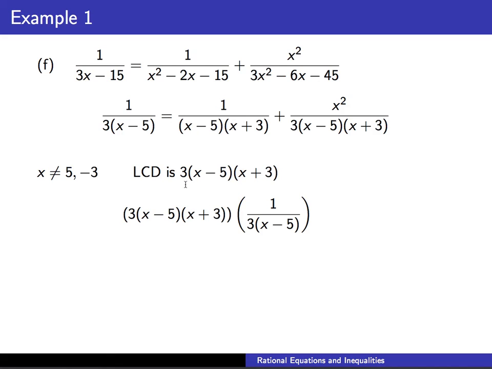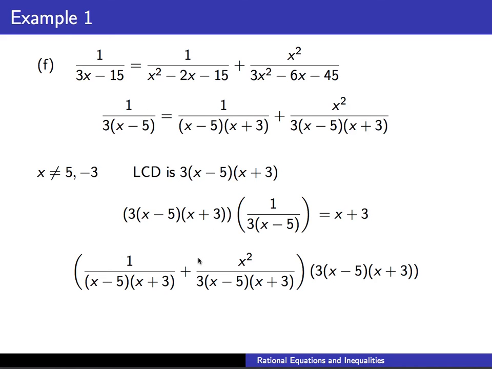So first, multiplying the fraction on the left, the 1 over 3 times x minus 5, by our least common denominator of 3 times x minus 5 times x plus 3, the 3's will cancel out and the x minus 5's will cancel out. So over on the left-hand side, we're just going to have 1 times x plus 3, which is just x plus 3.